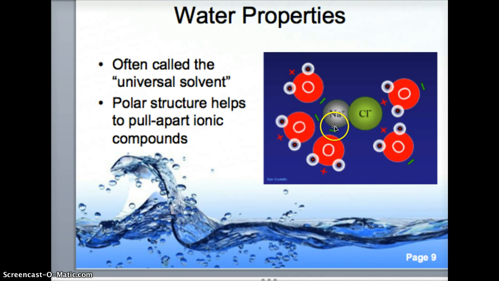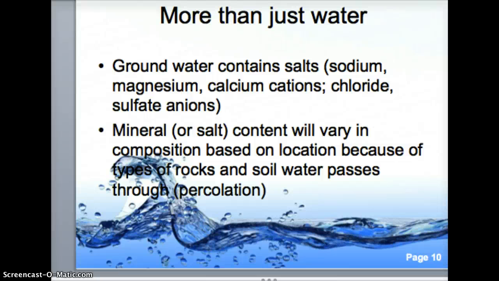If there's an ion with a positive charge, all the negatively charged parts of the water molecule can pull on it and separate it. And all the positive parts of a water molecule can grab hold of the negatively charged ions. Remember from chemistry, the positive ions are called cations and the negative ones are called anions. So water is a solvent that can dissolve a lot of things.